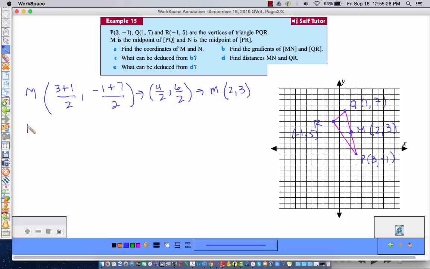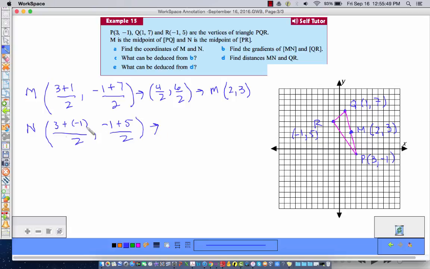And then the point N is the midpoint of PR. So that's from here to here. So we're going to do that again. 3 plus, and this time it's a -1 over 2, because the x coordinate of R is -1. And then -1 plus 5 over 2.